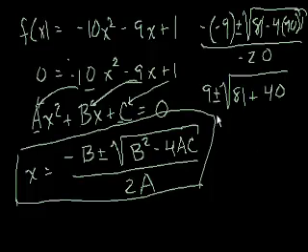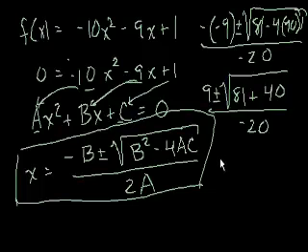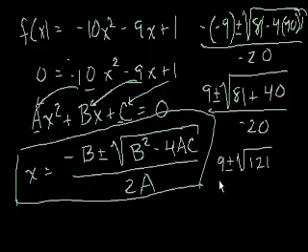And then we have all of that over negative 20. Well, 81 plus 40 is 121. So this is 9 plus or minus the square root of 121 over minus 20. Square root of 121 is 11.